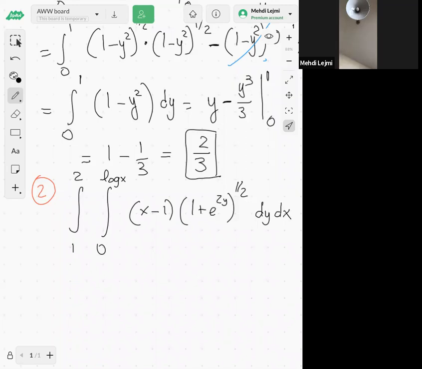If you try to integrate with respect to y, because of this square root, and you try to use substitution, then you're going to need some exponential.